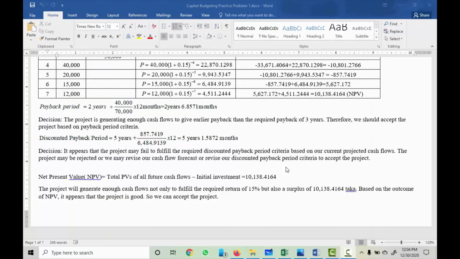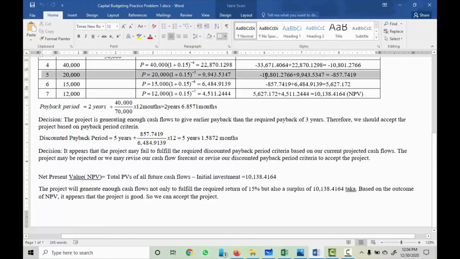After the fifth period we are still in need of 857 taka present value, that means discounted value.